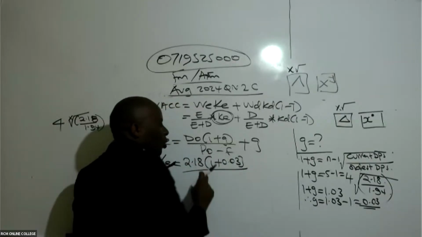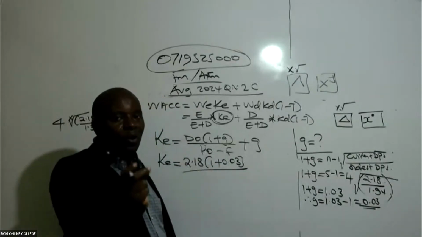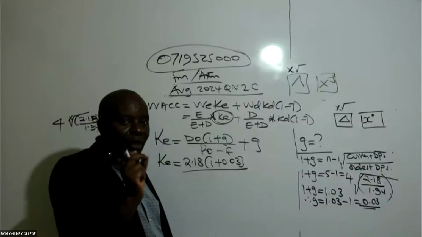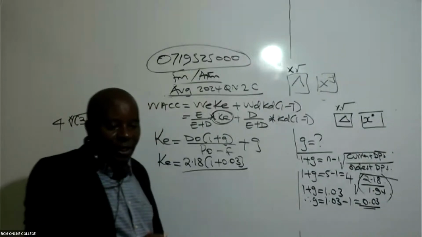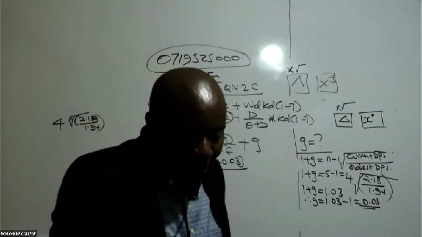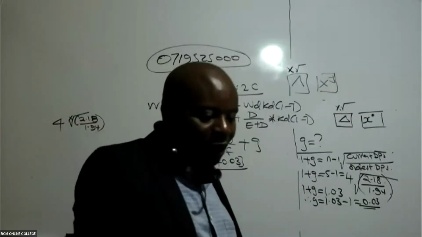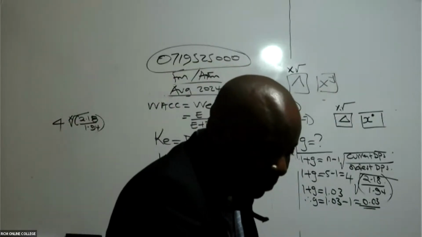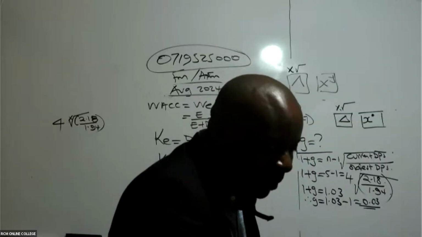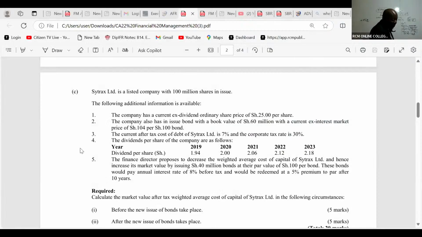All over the current. You see this O? O means current. All over the current price per share. I'll be able to come back to that. So the current price per share, you can see here.